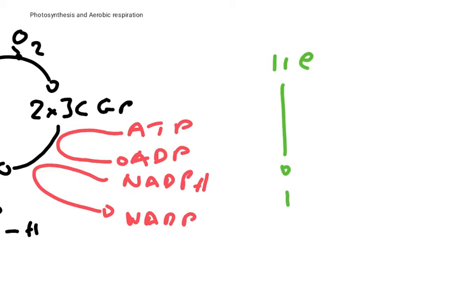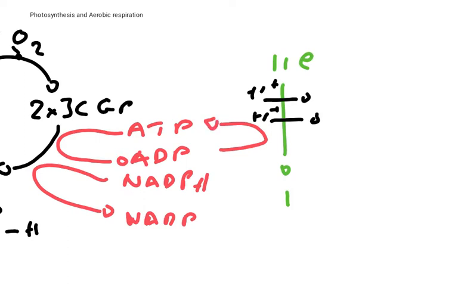As they do that, they push hydrogen ions across the membrane, and those hydrogen ions flow out across that membrane, and that drives the phosphorylation of ADP to ATP.